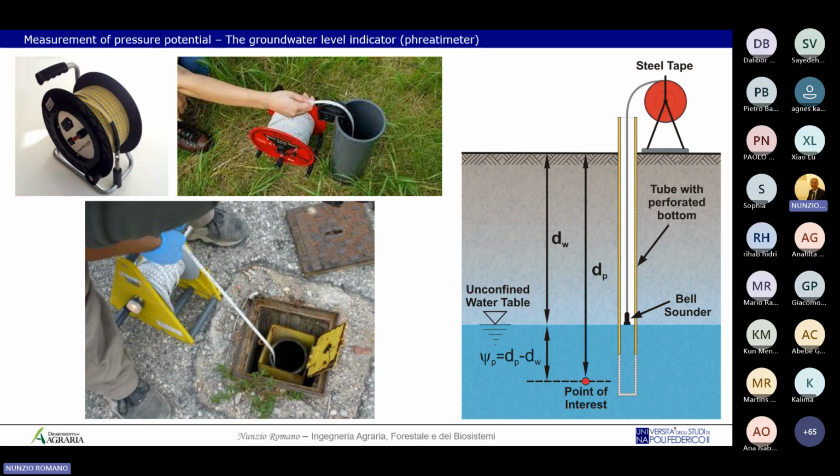And then, if your point of interest, the red point, is below this water table, you can, in a very easy way, using the hydrostatic relation I showed you before, compute the pressure potential in the red point.